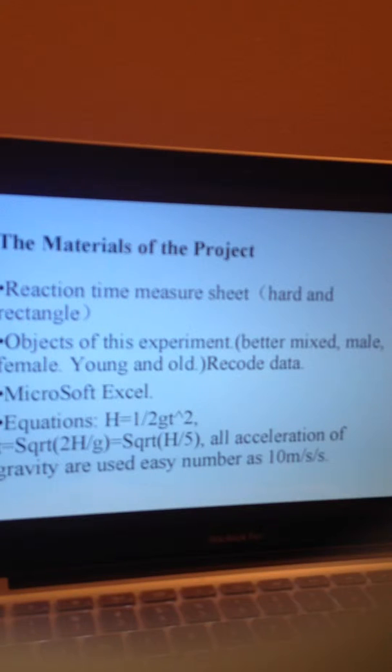They're better mixed up: male, female, young, and old. Third, we use Microsoft Excel to draw the graph of the data we get. And finally, we use physics equations to calculate.